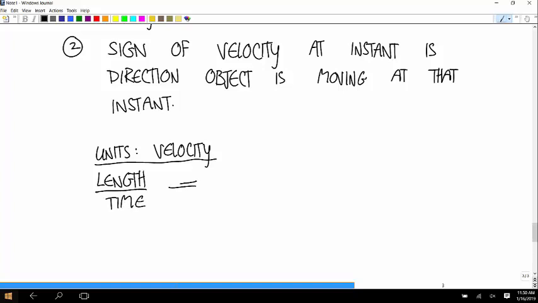And so that means that the SI units of velocity are meters per second.